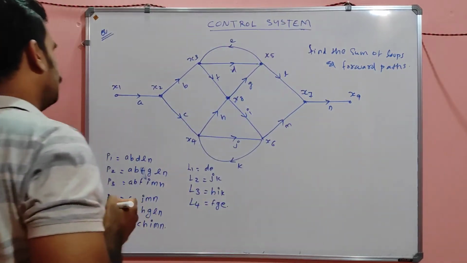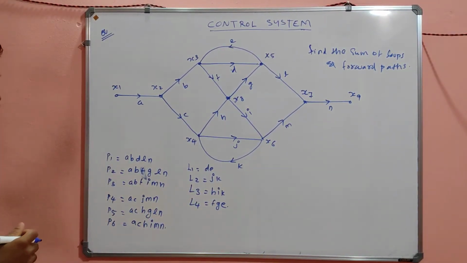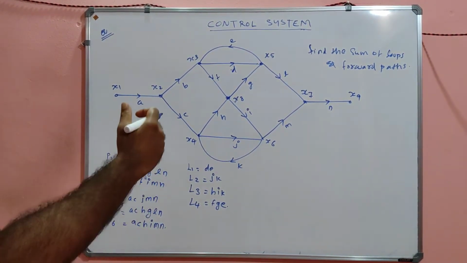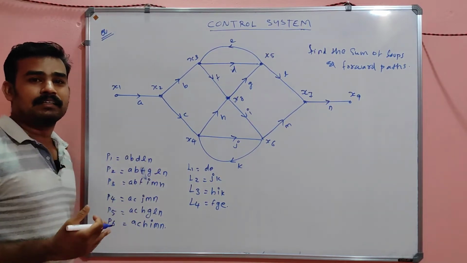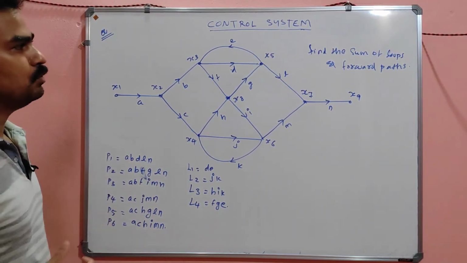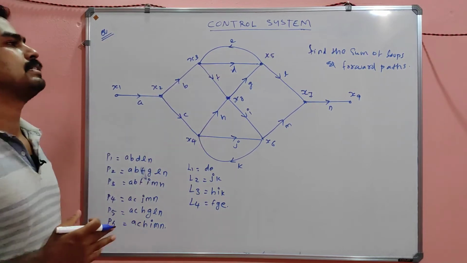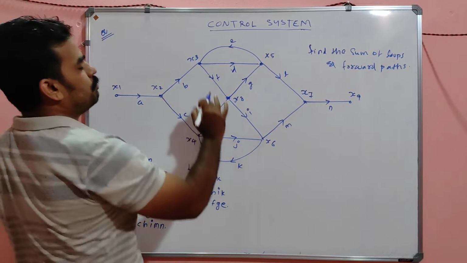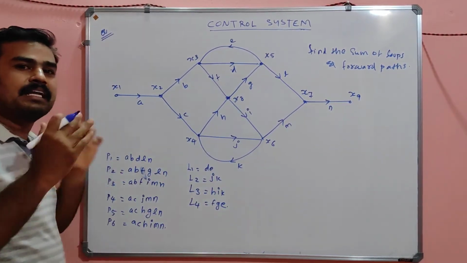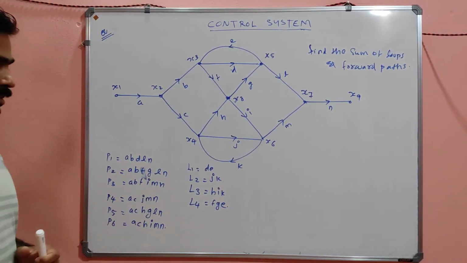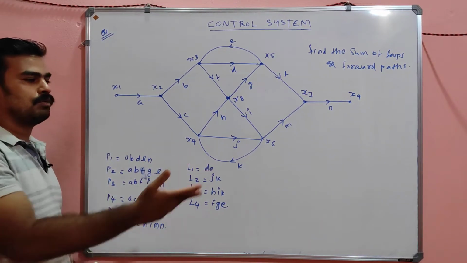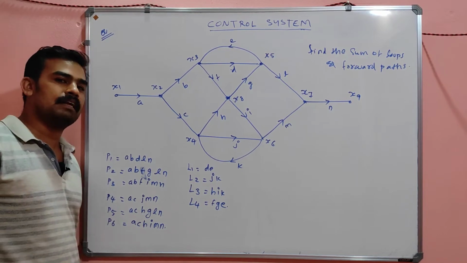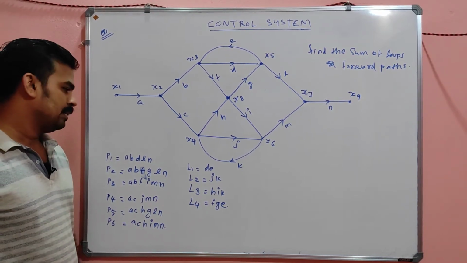Or if we want to calculate the full P1 del 1 plus P2 del 2 plus P3 del 3 divided by del, that would make the question much bigger. So you can do that. Change the question to find the sum of loops and forward paths, because finding the forward paths and the loops is the main issue here. If you know this, definitely you will go for the Mason's gain formula easily, P1 del 1 plus P2 del 2 plus P3 del 3, etc.